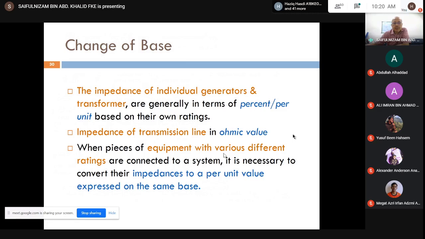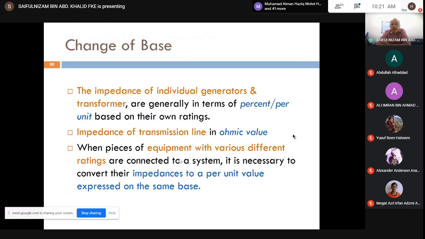Before we continue with the change of base, normally the per unit impedance of the various components corresponds to its own rating, based on the nameplate rating. Each apparatus or each equipment has its own nameplate rating. So the impedance of the individual generator and transformer are generally in terms of percent or per unit based on their own rating.